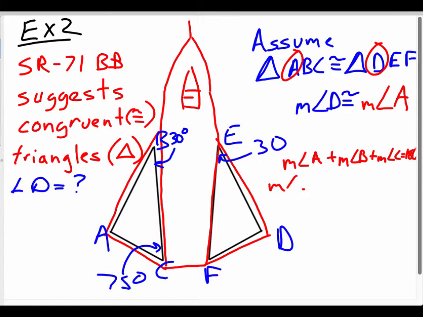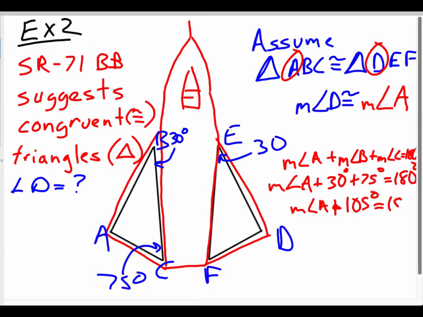Or the measure of angle A plus 30 plus 75 should equal 180 degrees, correct? The sum of the interior angles equals 180. So the measure of angle A plus 105 is equal to 180. So then I'm going to subtract 105 from both sides.